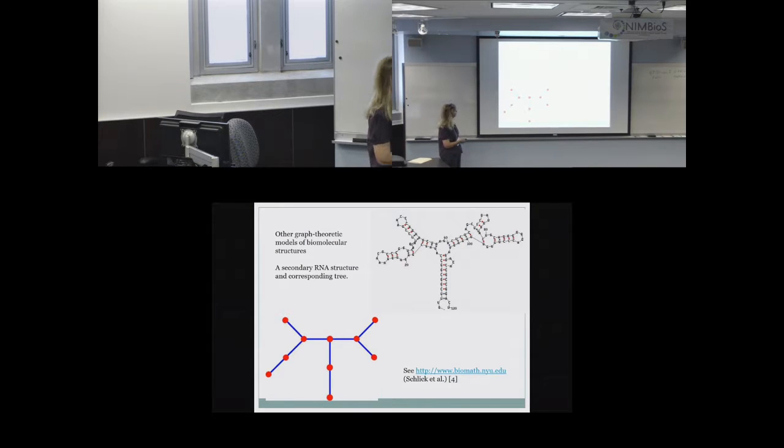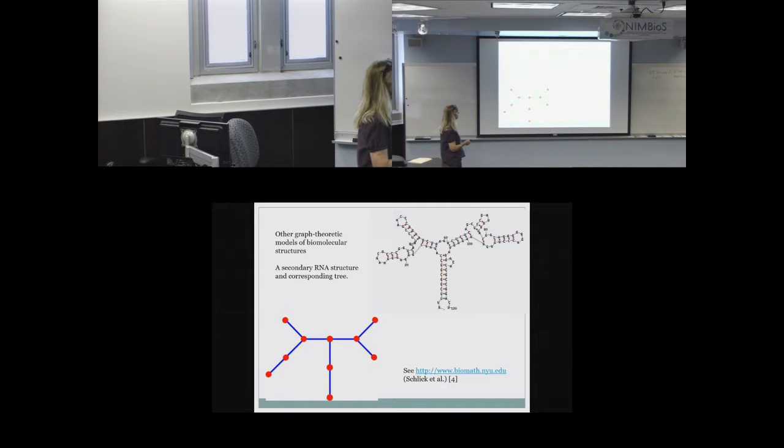Now, in addition to protein structures, we find other examples of where algebraic graph theory is used to model or describe or quantify a graphical representation of a biomolecule, like the secondary RNA structure here.